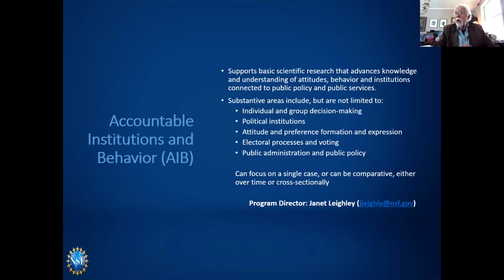Accountable Institutions and Behavior is essentially American politics, institutions, individual and group decision-making, attitude and preference formation and expression, especially related to policy matters. Jan Leighley is a political scientist who manages that program. So that's one of the programs that used to be political science.